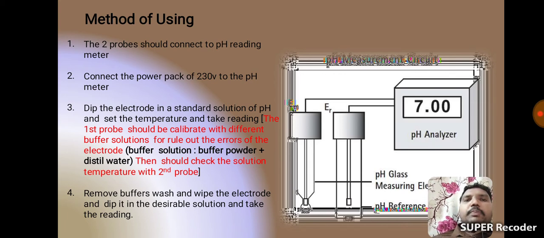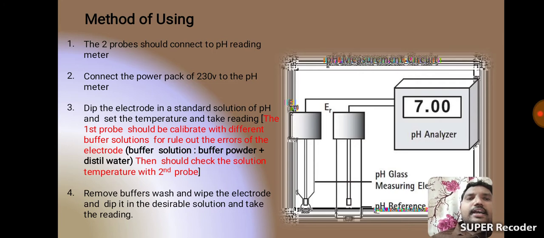The first probe should be calibrated with different buffer solutions to rule out errors of the electrode. Buffer solution means buffer powder plus distilled water. Then check the solution temperature with the second probe. Remove the buffers, wash and wipe the electrode, dip it in the desired solution and take the reading.